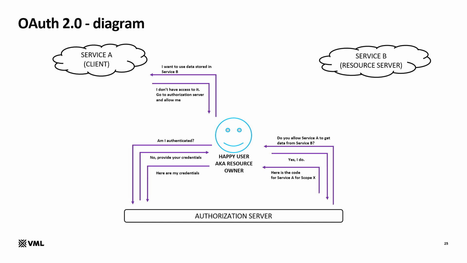So if application A wants to get, I don't know, news from service B, then we can configure the authorization server to have a scope news, and then we will ask for the token with the scope news, and the token will contain the information that it is only for the scope news, and in all other parts we can refer to that. And also in service B we can check if the token is for the scope news, so that we should return news, and we shouldn't return anything else.